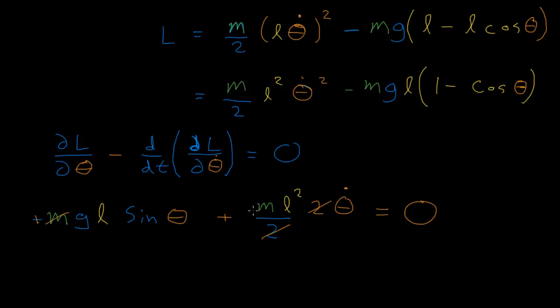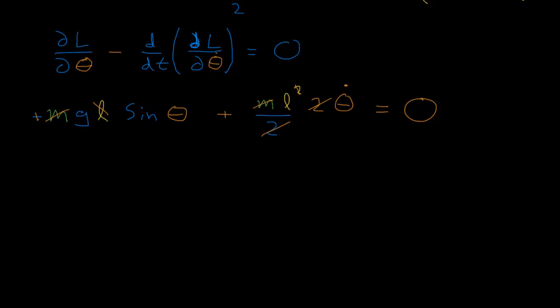So these m's go away, and 0 over m is still 0. I'll also cancel one of these l's. There are 2 l's here, and there's 1 l here, so we'll divide both sides of the equation by l. 0 divided by l is still 0, and then we have 1 l left here. So I'll rewrite it over here.